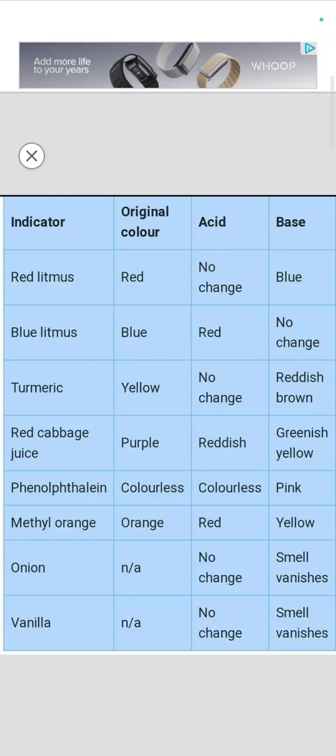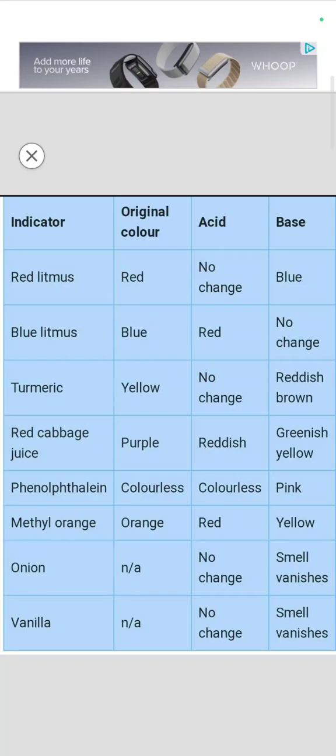Okay. Talking about methyl orange, it is orange in color in general. In acidic solution, it changes from red to orange up to a pH of 4.4, but greater than 4.4, the color changes to yellow. In neutral solution, the color of methyl orange is yellow, and in basic or alkali solution of any pH, the color is yellow.